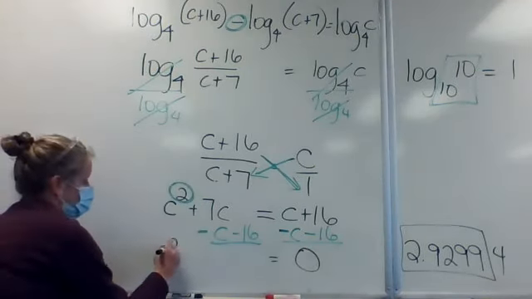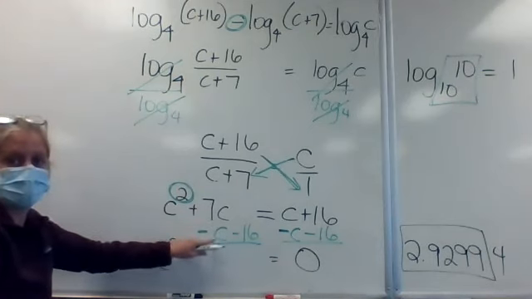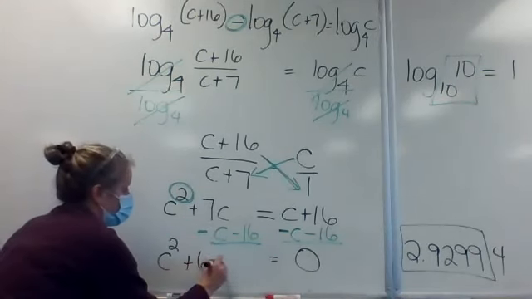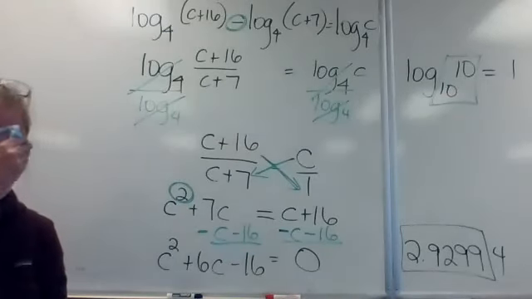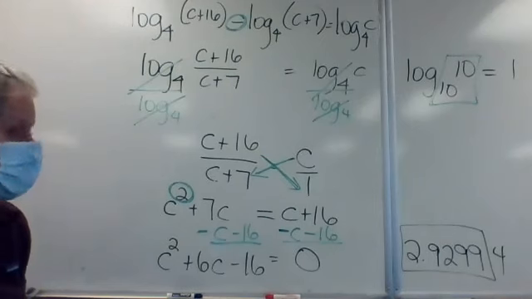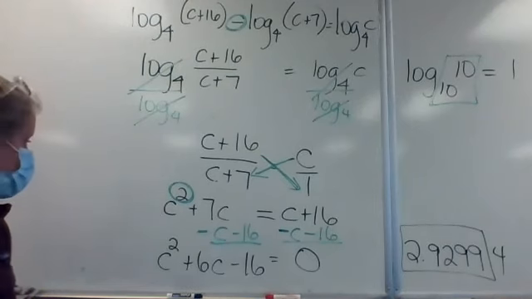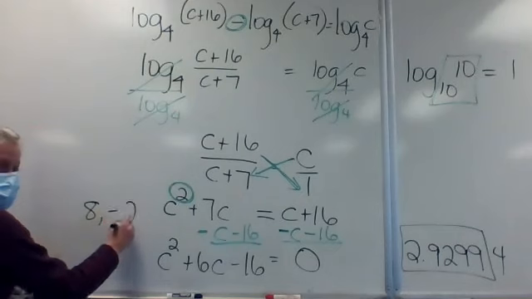On the left, c squared. I put the minus c under the 7c so I can put them together. So that leaves me with 6c minus 16. So you can either factor that again or put it in quad. What do you get when you put it in quad? 8 and negative 2.